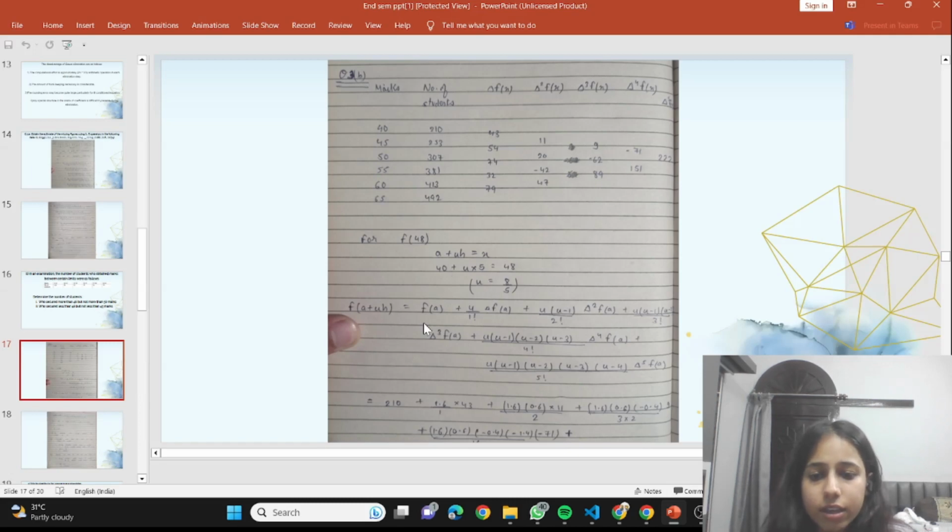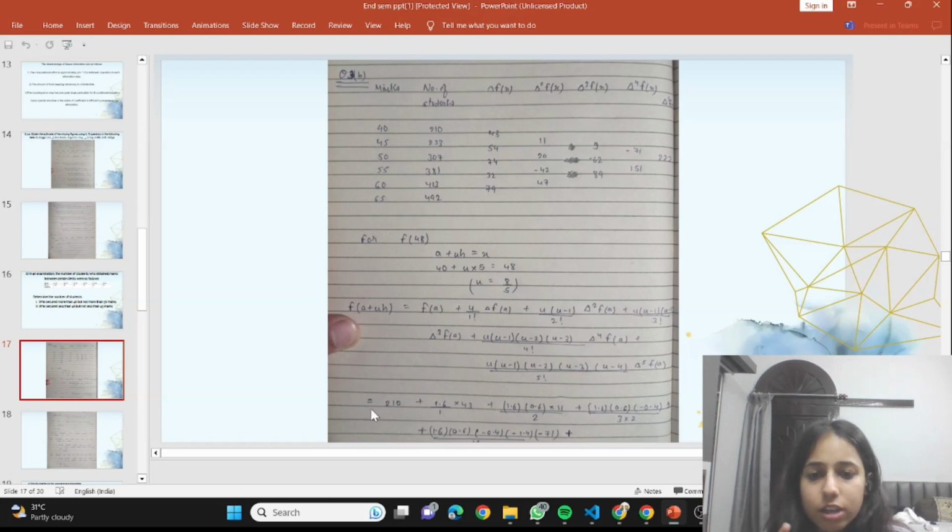Now we will write the formula for f of a plus uh, which is equal to fa plus u upon 1 factorial del fa plus u into u minus 1 upon 2 factorial del 2 fa plus u into u minus 1 into u minus 2 upon 3 factorial del 3 fa, and so on up to del 5 fa.